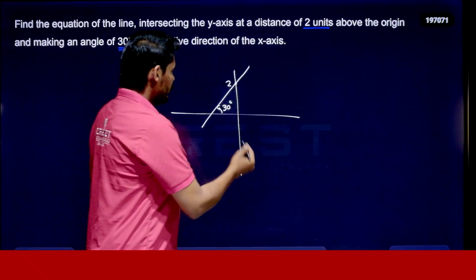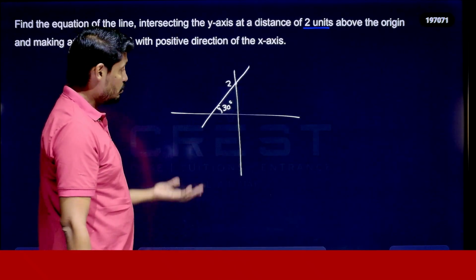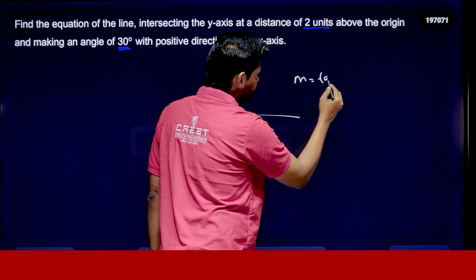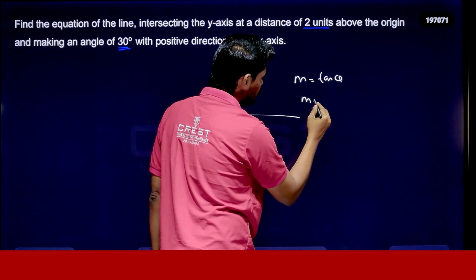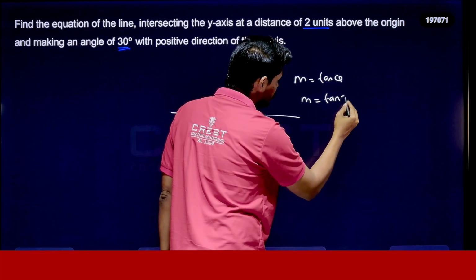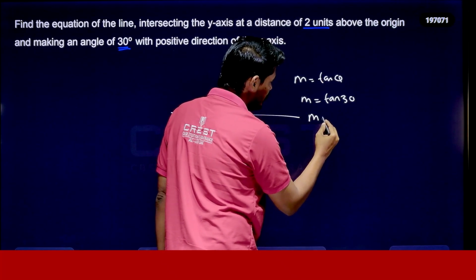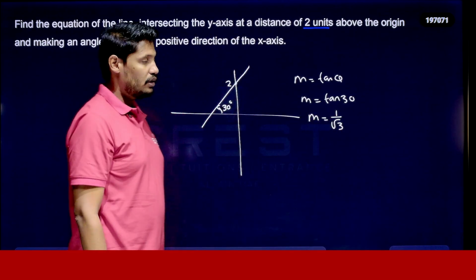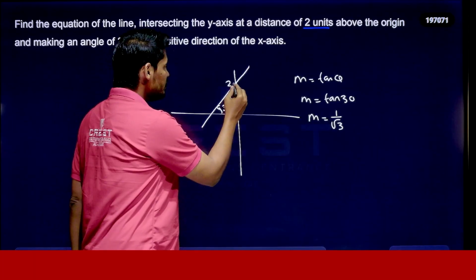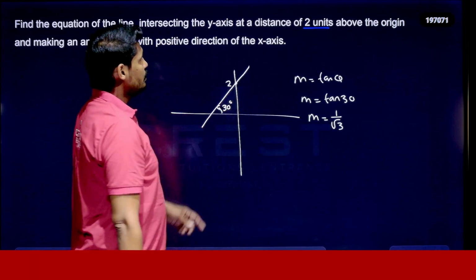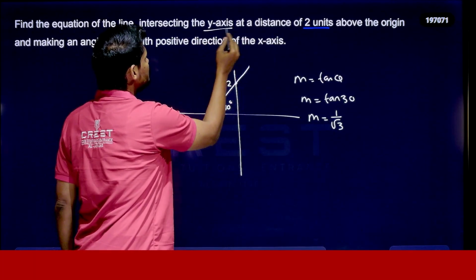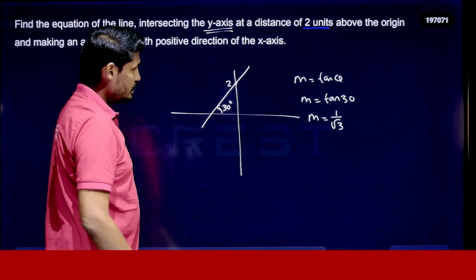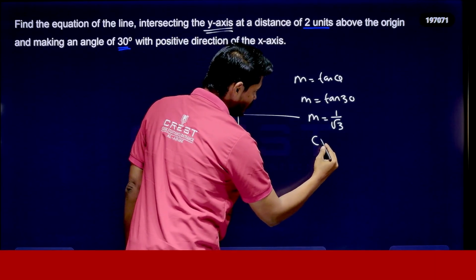Actually we can find the slope because we know that m equal to tan theta, theta is 30. So m equal to tan 30, which is 1 by root 3. So we got the slope m equal to 1 by root 3. And which intercept is this? It is given, it is cutting on the y-axis 2 units above. So it is the y-intercept, that is c. c is equal to 2.